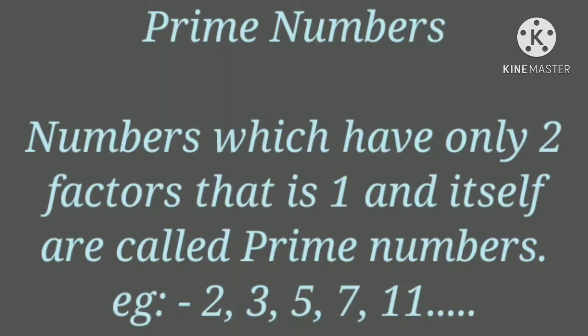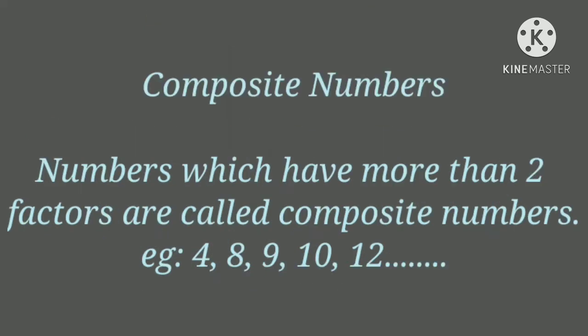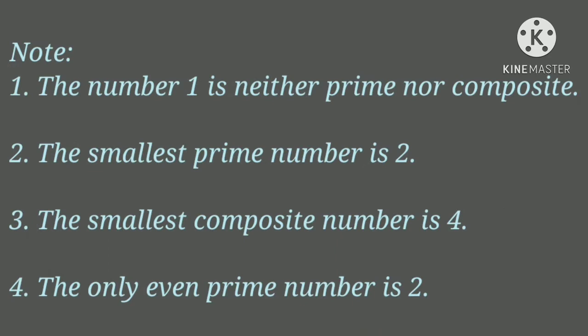Prime numbers: numbers which have only 2 factors, that is 1 and itself, are called prime numbers. Example: 2, 3, 5, 7, 11, etc. Composite numbers: numbers which have more than 2 factors are called composite numbers. 4, 8, 9, 10, 12, etc. Note: the number 1 is neither prime nor composite.